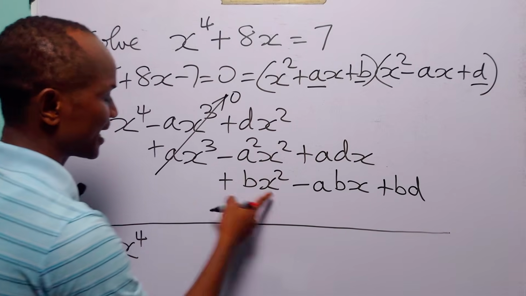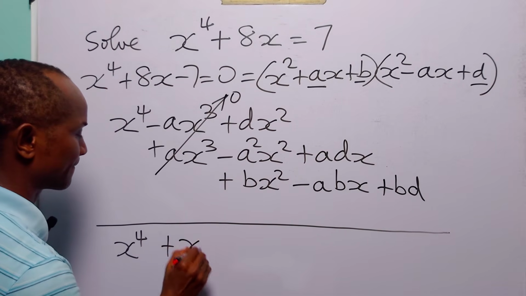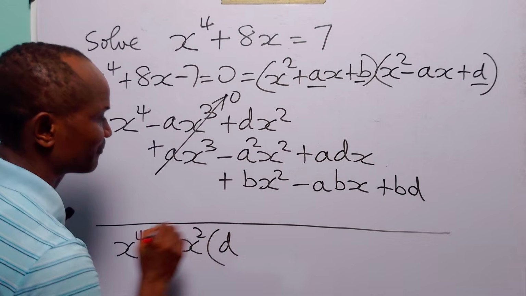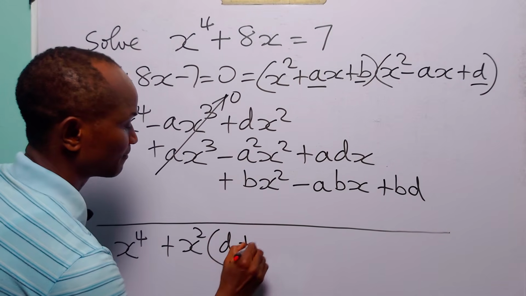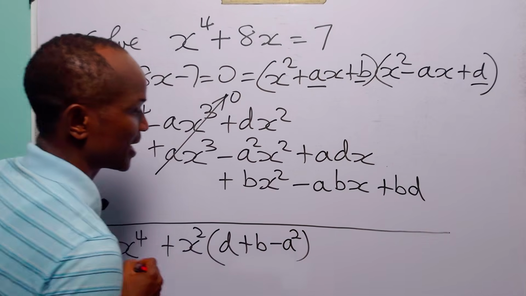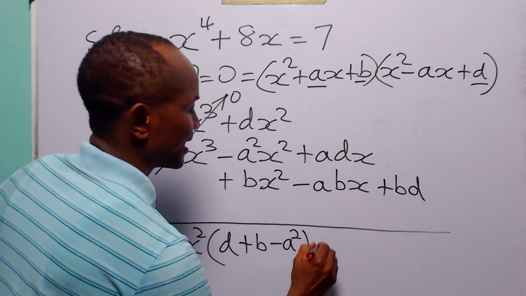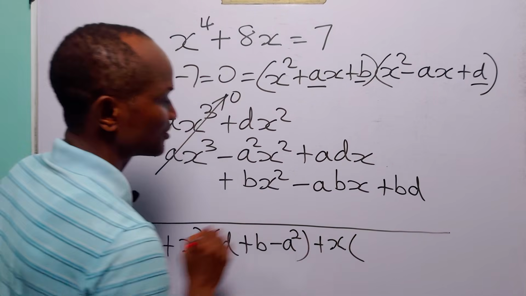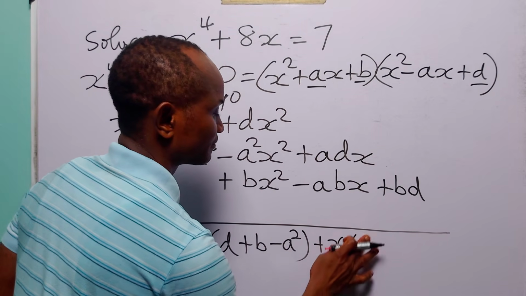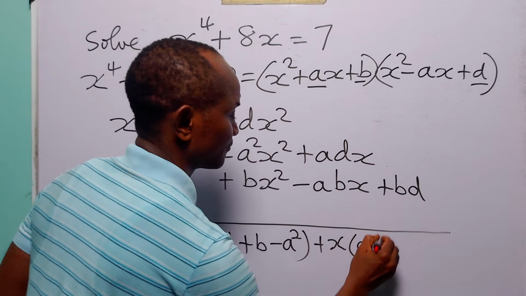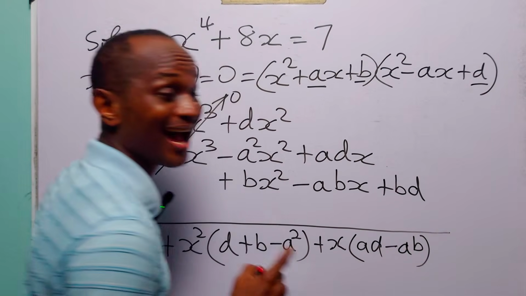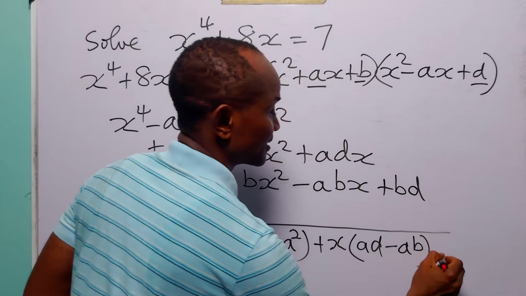Here we have x squared into d plus b minus a squared. Then we have x into ad, then we have minus ab, and finally we have the constant term, which is bd.